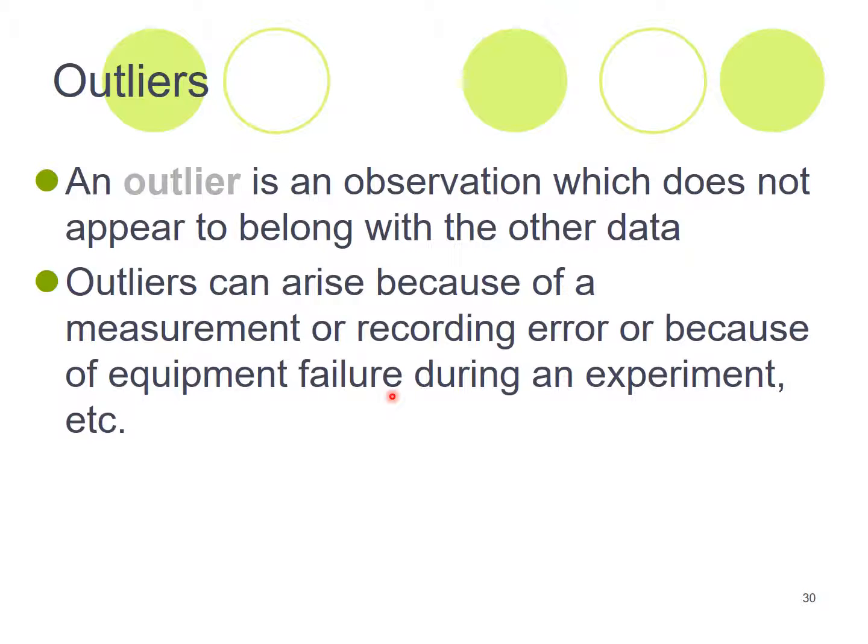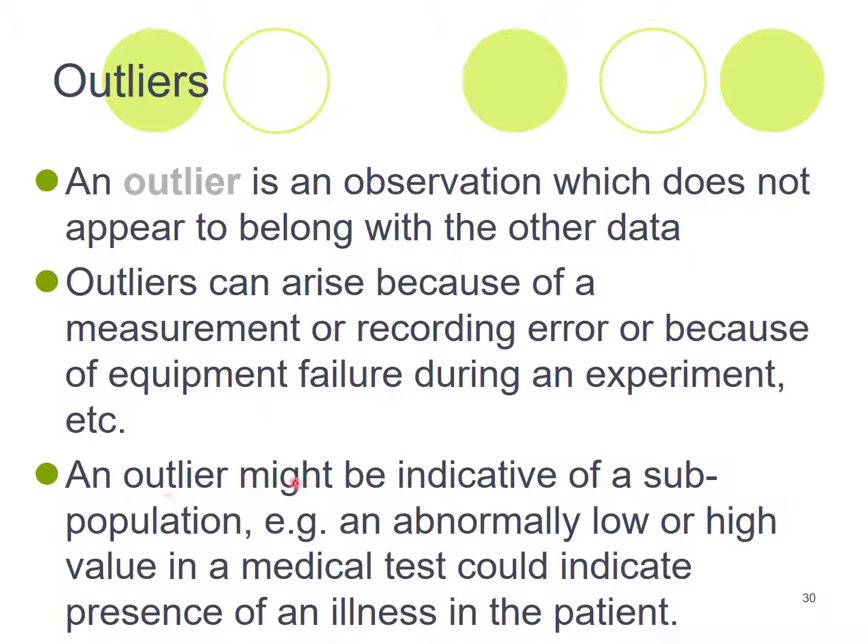An outlier might be indicative of a subpopulation. An abnormally low or abnormally high value in a medical test could indicate the presence of an illness within the patient. So you have to look very closely at outliers and work out, is it some problem with the way that you're recording things, or is it some other type of statistic that you need to look carefully at?